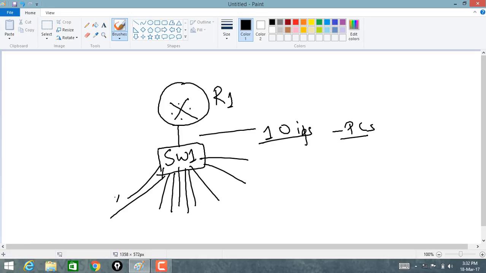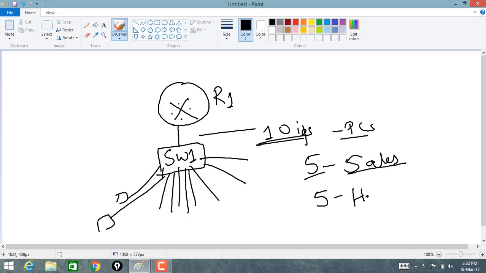Out of these 10 IPs, 5 PCs I keep for sales. Let's consider this an organization. The other 5 PCs I want for HR or management, you can say.